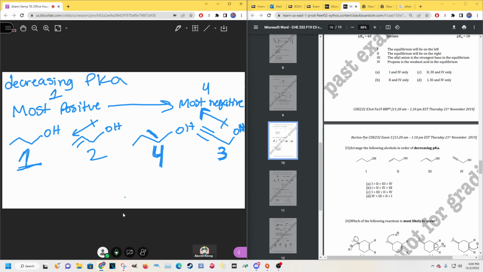So when the proton is donated here, one of the electrons on oxygen can resonate. Because of that, we created the most stable base, which means that the molecule before the proton was donated is definitely the most acidic, which is the most decreasing pKa.